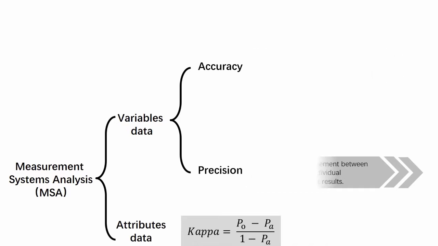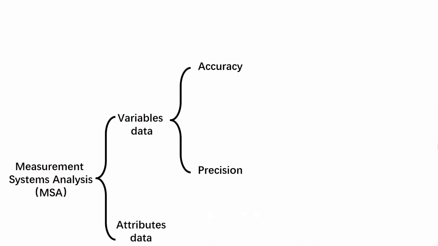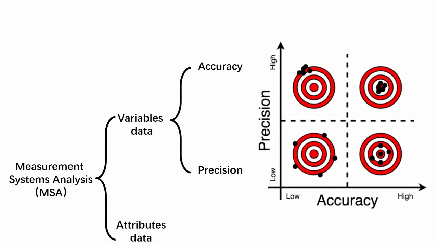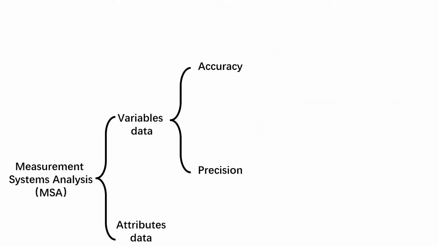There is one figure to clearly illustrate the relationship between accuracy and precision. Also, the components of accuracy include three other concepts. The first one is bias, the second one is linearity, and the third one is stability.